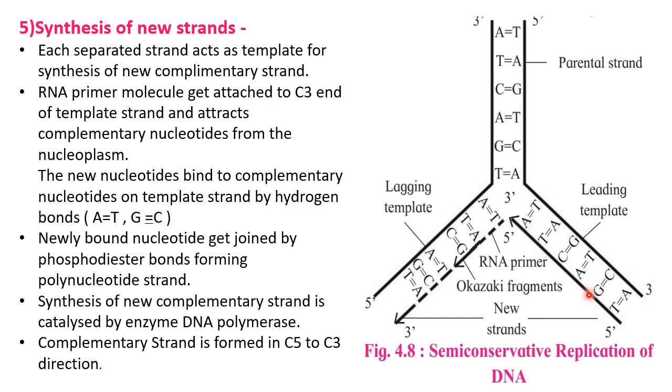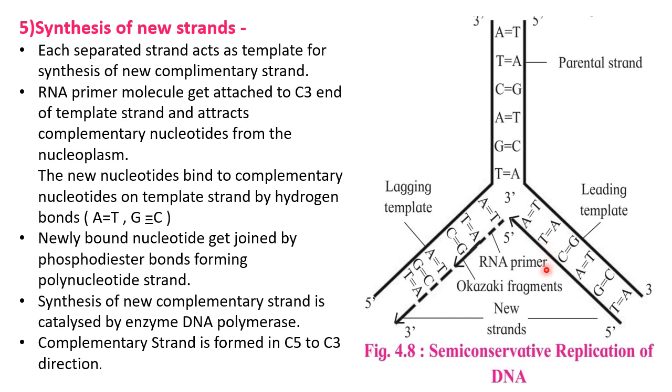The synthesis of these new complementary strands is catalyzed by an enzyme called DNA polymerase. So DNA polymerase catalyzes the synthesis of the new strand on the old or template strand.